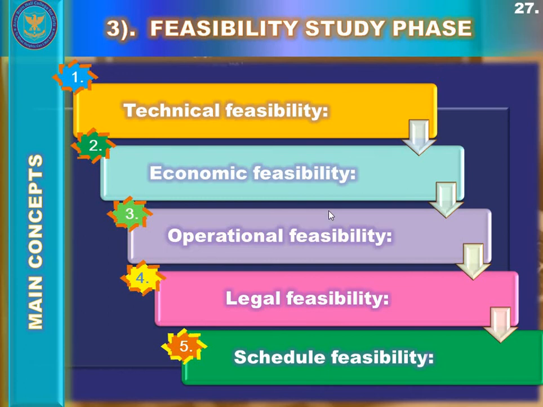Afterwards, the last check or the last angle from which a system analyst would assess the proposed project or plan is schedule feasibility. This is very simple. Schedule means deadlines or timetable. So the system analyst would analyze whether this project could be completed in the time frame given by the customer organization, within the assigned schedule or not.